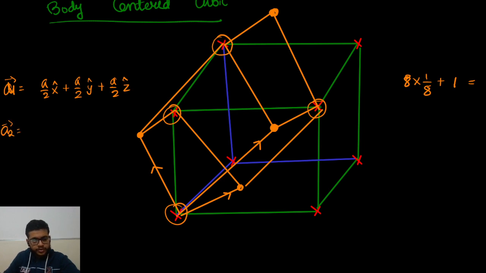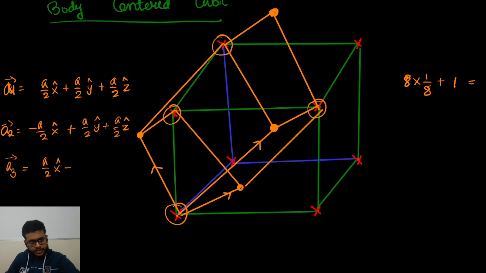A2 will be minus a by 2 x cap plus a by 2 y cap plus a by 2 z cap, and A3 will be a by 2 x cap minus a by 2 y cap plus a by 2 z cap.